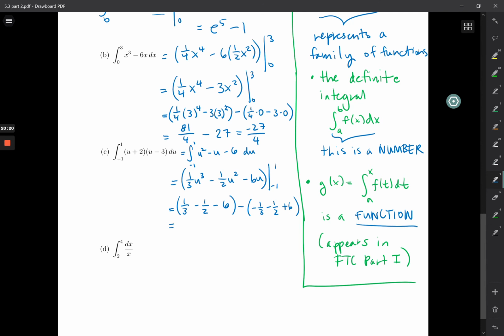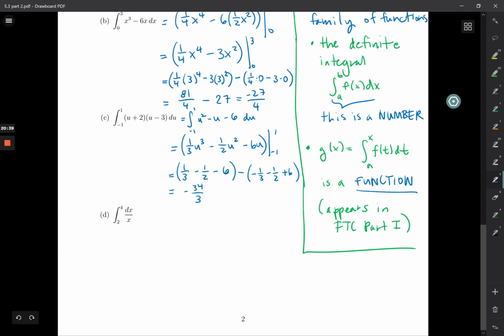But this should be, I'm not going to work this out, but you can double check. Just find a common denominator, combine everything together, and you should get negative 34/3.